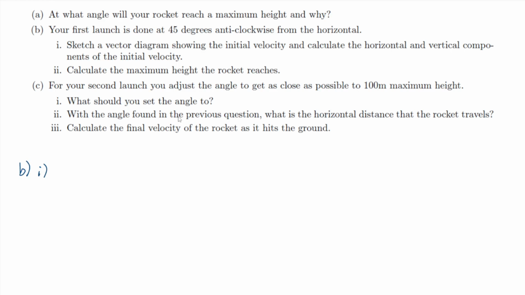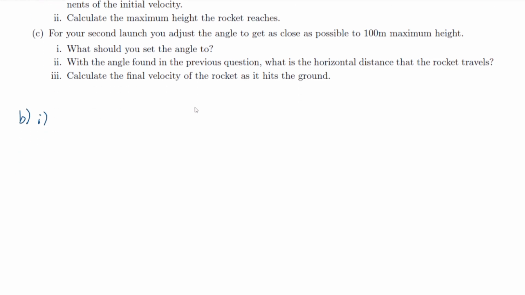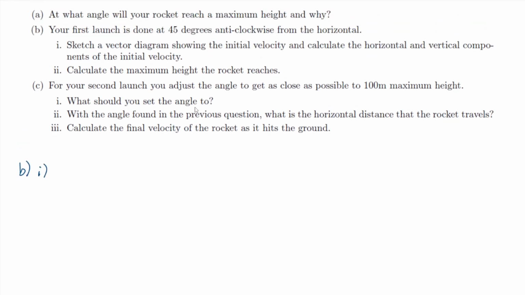B part I. It is 45 degrees, so here's our horizontal, aka the ground, and it is anti-clockwise at 45 degrees, something like so. So we can label that as 45 degrees.